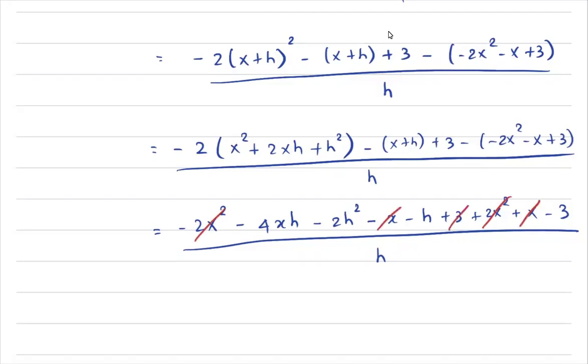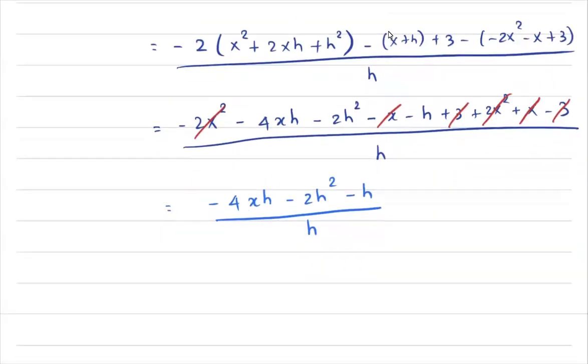The positive 3 and the negative 3 can be cancelled. And that's about it. Now let us look at what is left behind. I have negative 4xh minus 2h squared minus h, all over h. Those are the only three terms remaining.